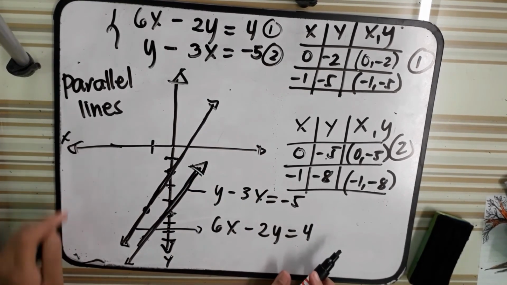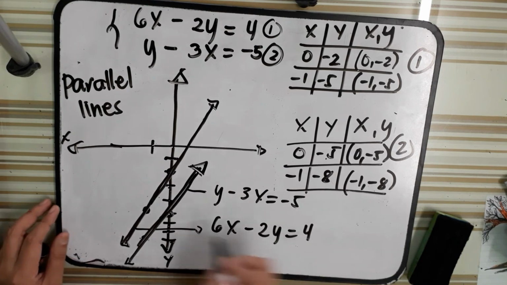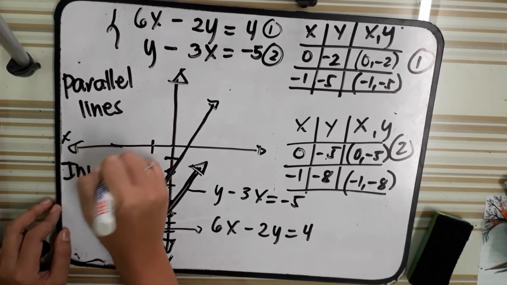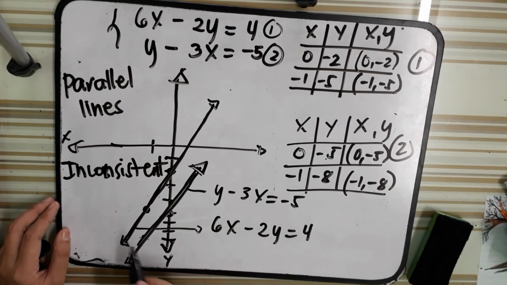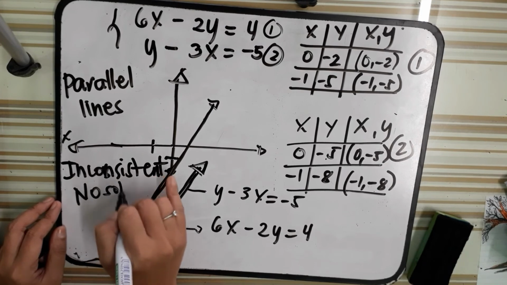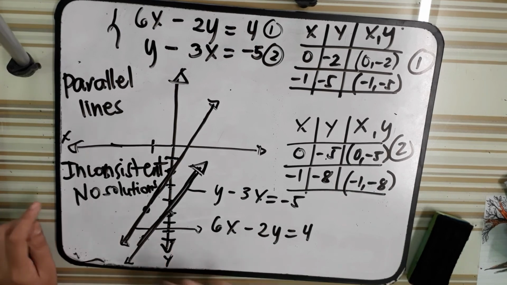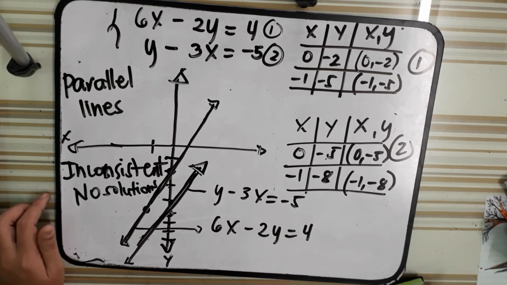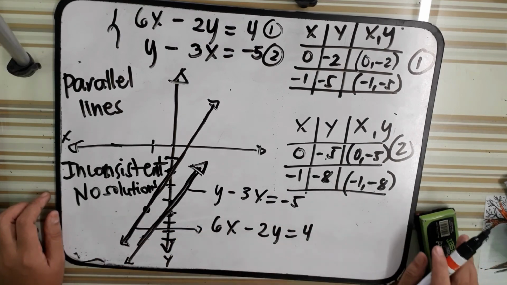Ngayon, pag ganito ang itsura ng ating graph sa systems of linear equations, we can conclude na ang ating graph ay inconsistent, and wala tayong solution, no solutions para sa kanilang dalawa. So, therefore, ang ating graph ay inconsistent at no solutions for the system.